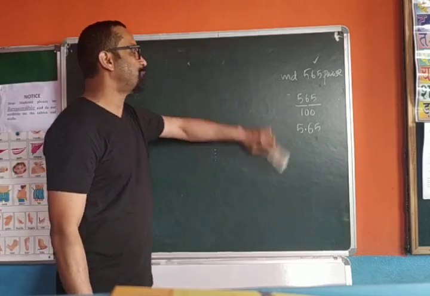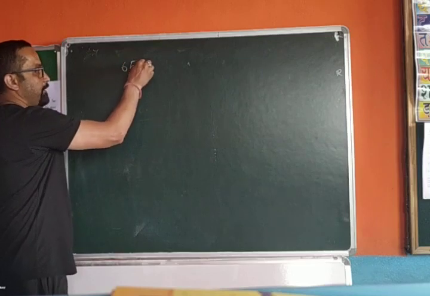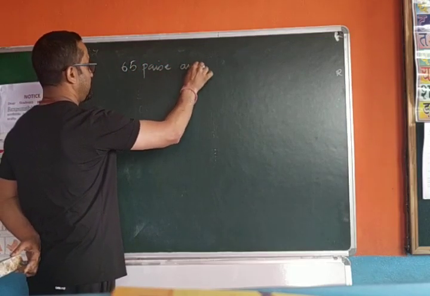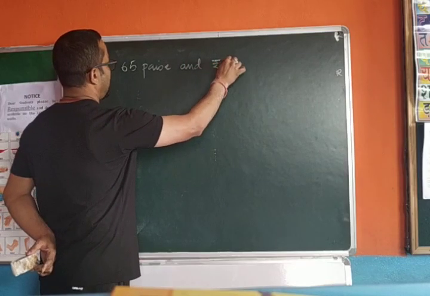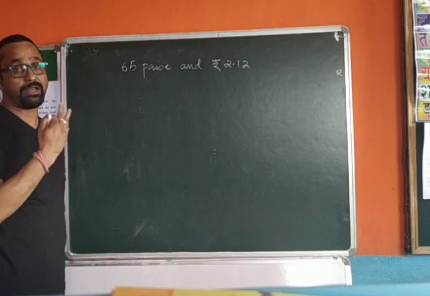Let's take a third example. 65 paise and rupees 2.12. You need to add them up.